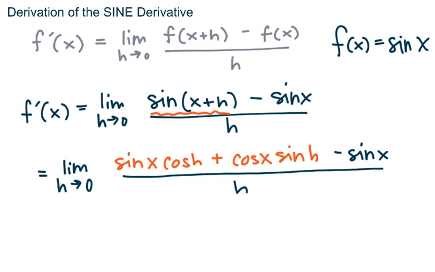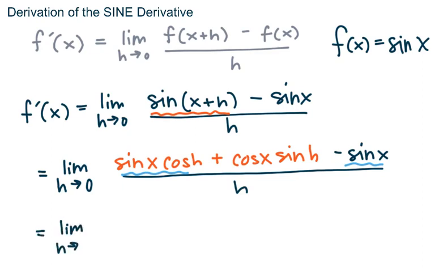All right, so now we get a little creative with our rearranging. I am going to have both of my terms with sine x, and I'm going to pull those together, which is easy to do when I have just one term in my denominator. So this is legal.